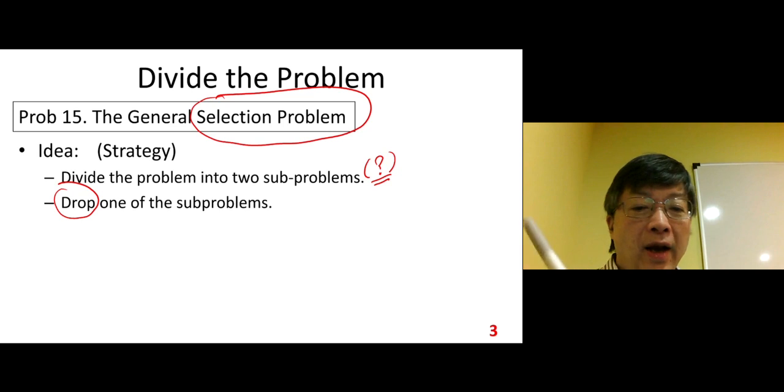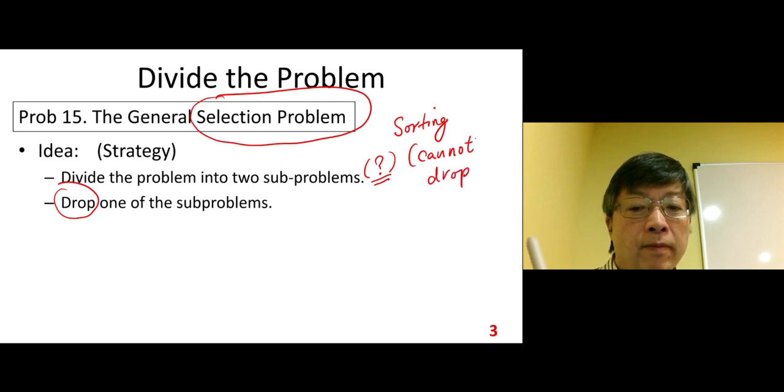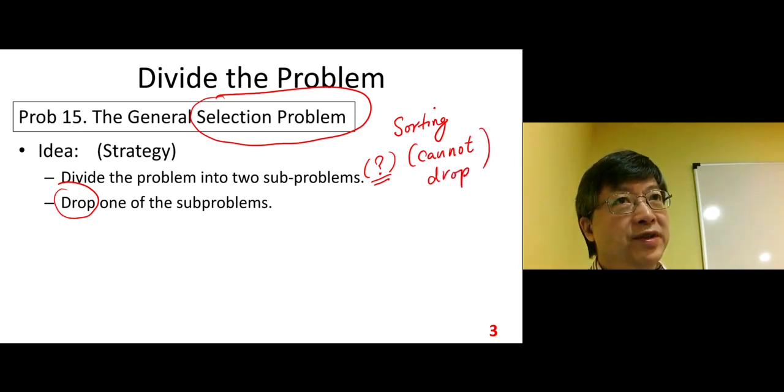Later, for the sorting problem, we cannot drop. So you can see the difference. For the selection problem, we're lucky. We do not have to solve all the subproblems. We only need to solve one of the two subproblems.